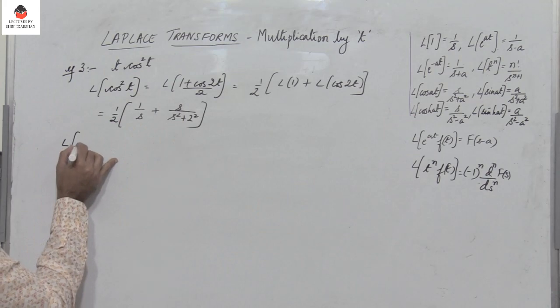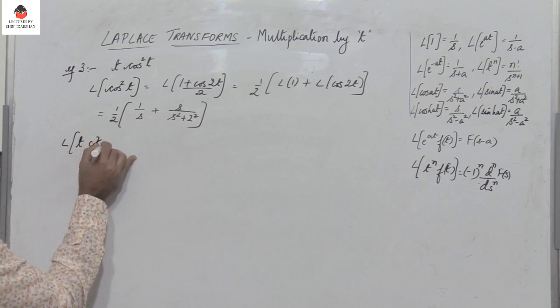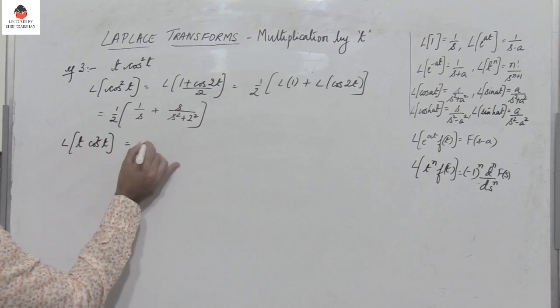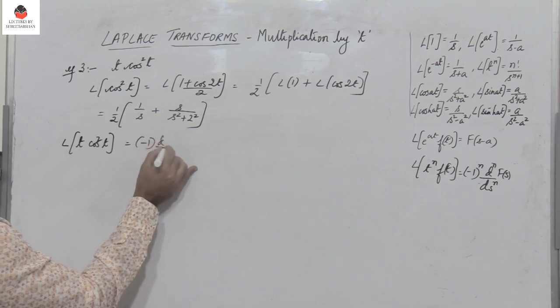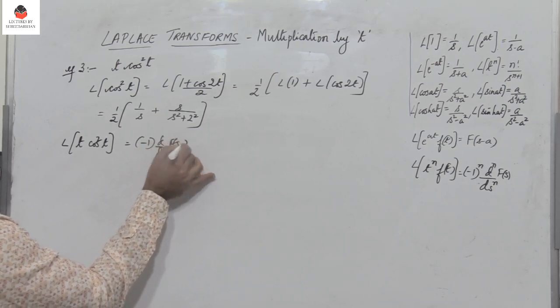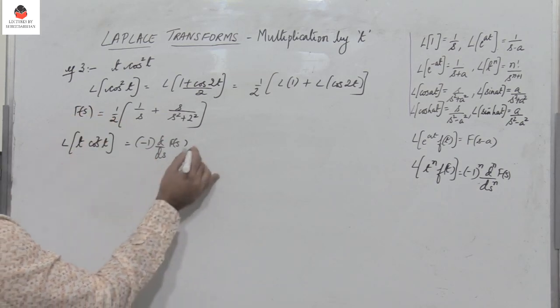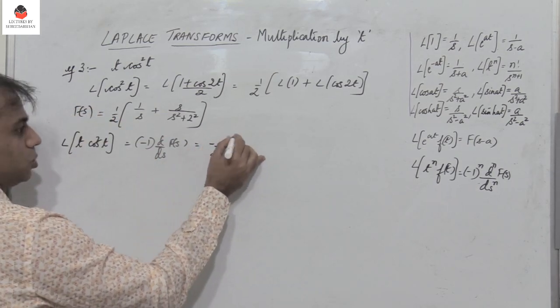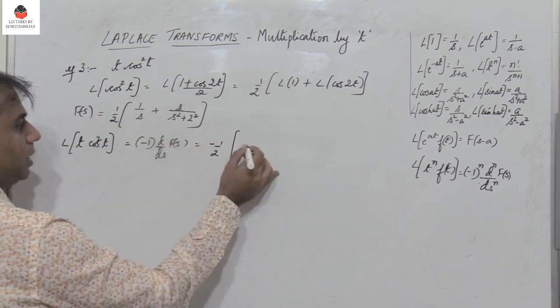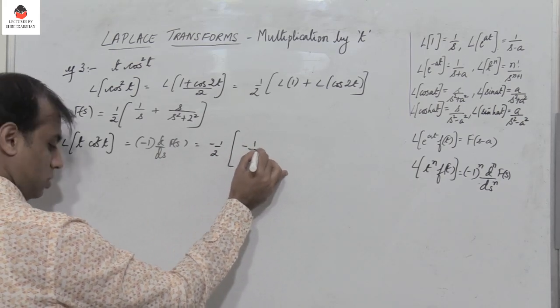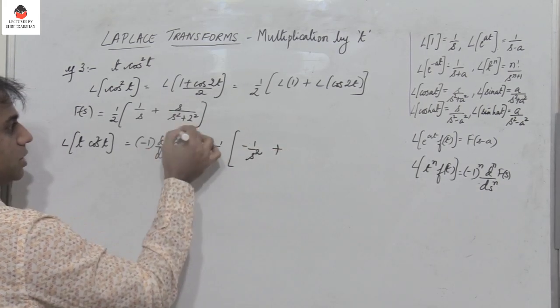So now Laplace transform of t cos square t is nothing but minus 1 d by ds of f of s. What is f of s? This is f of s. So you have minus 1 by 2. Differential of 1 by s is minus 1 by s square plus differential of this term.